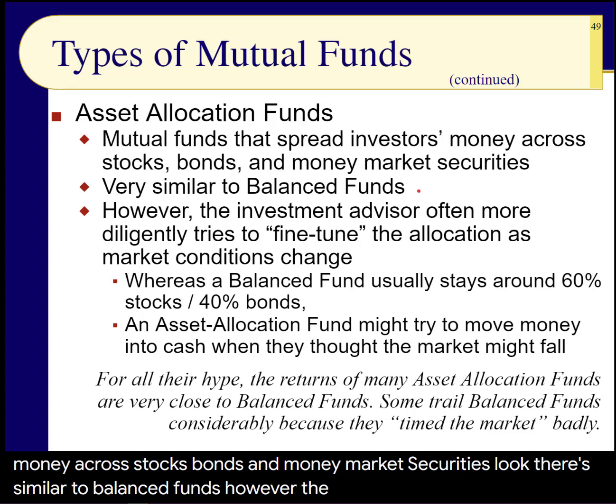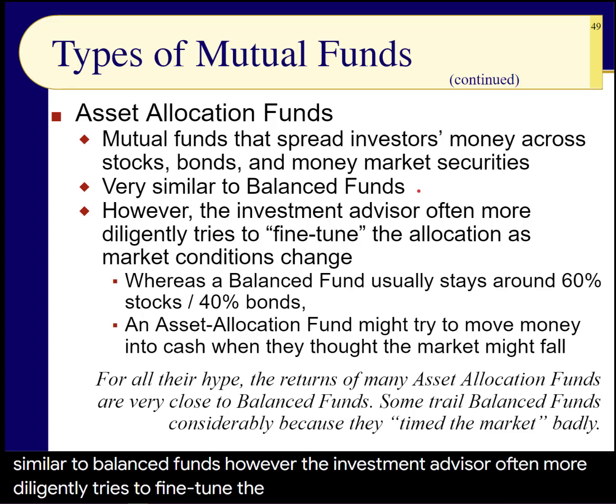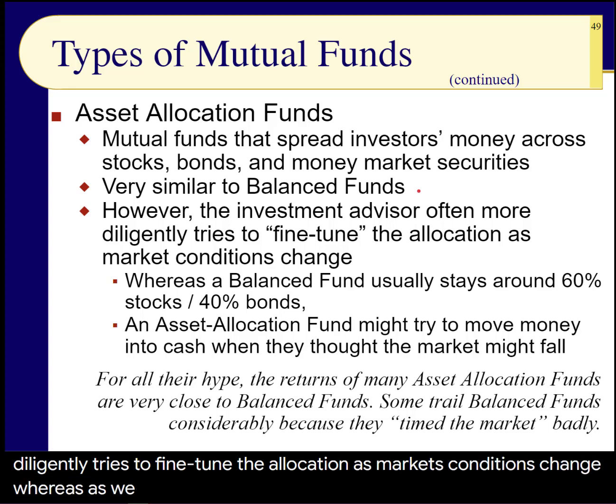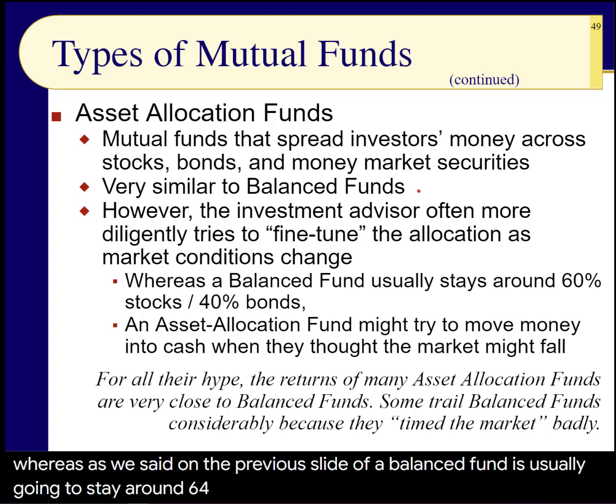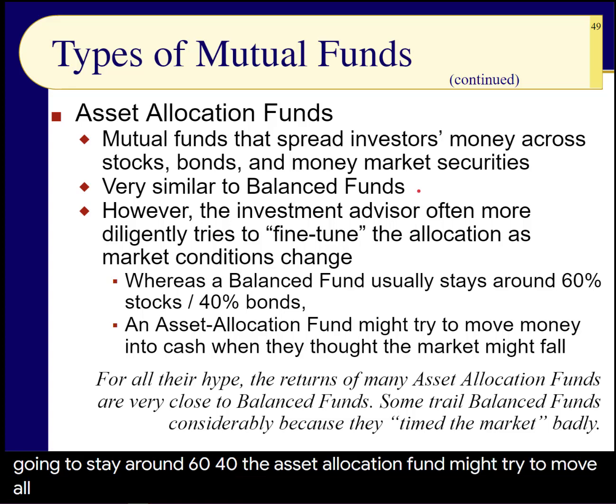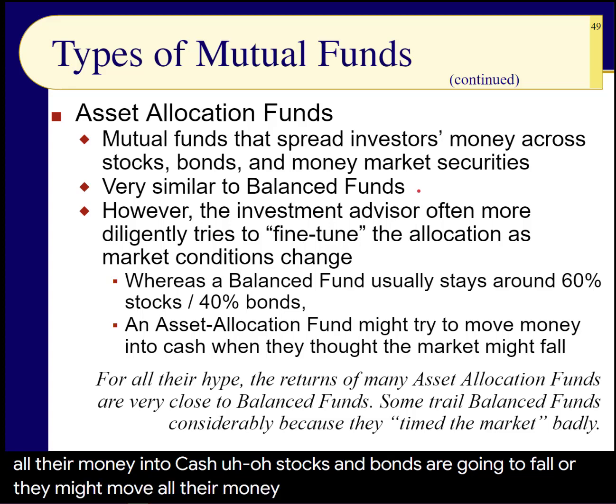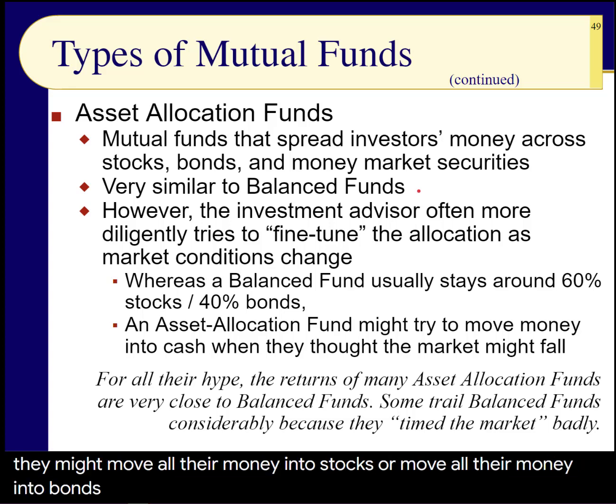However, the investment advisor often more diligently tries to fine-tune the allocation as market conditions change. Whereas, as we said on the previous slide, a balanced fund is usually going to stay around 60-40. The asset allocation fund might try to move all their money into cash, thinking stocks and bonds are going to fall. Or they might move all their money into stocks or all into bonds. This, in my humble opinion, is market timing.